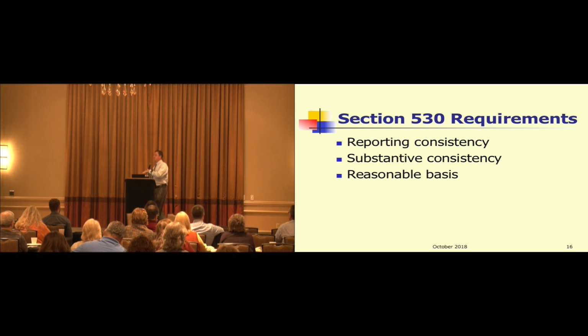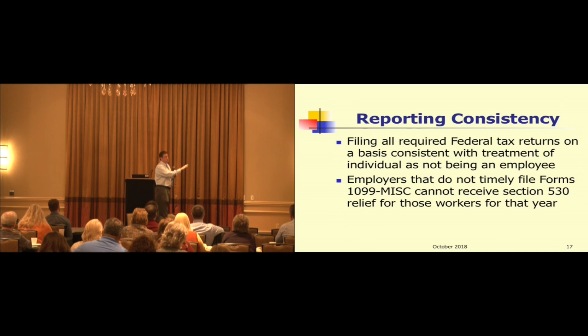So then Section 530 would not be allowed in that situation. Okay? Substantive consistency. Oh, and also, if you didn't issue 1099s and you were supposed to, you also don't get Section 530. That relief says, hey, we don't have to treat these people as employees because there's some reason why we have that exclusion, and that's what Section 530 addresses.